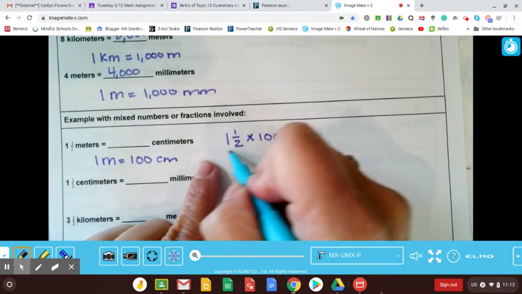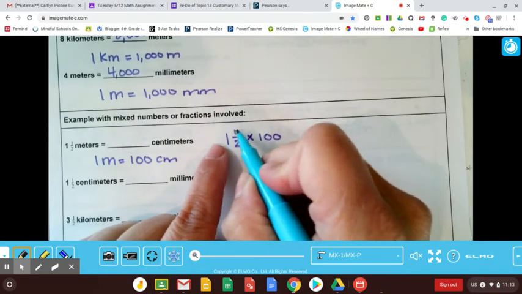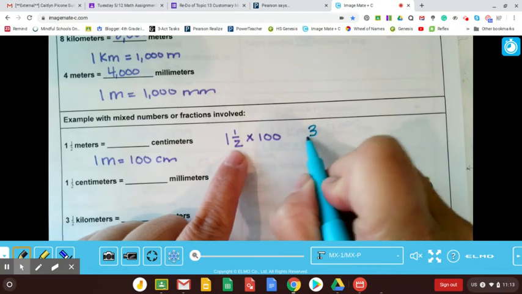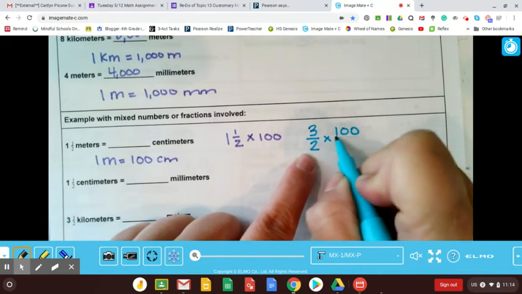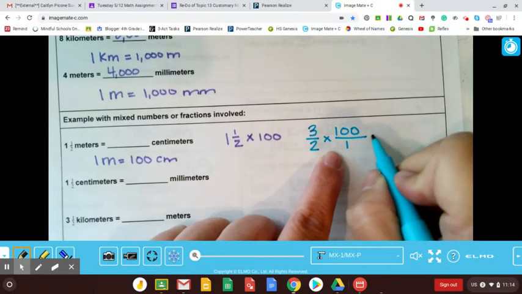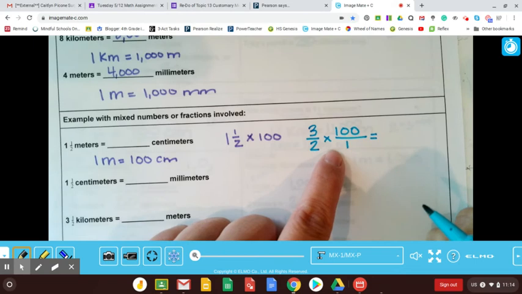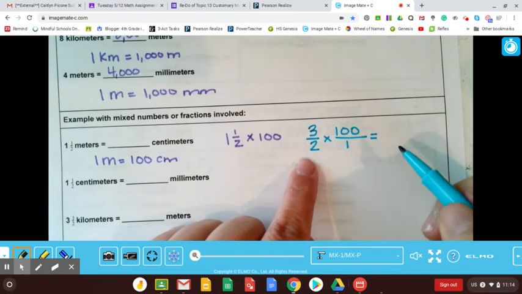We're going to change this into an improper fraction. 2 times 1 is 2, plus 1 is 3. So we have 3 halves times 100 over 1. If it's a whole number, then you put it over 1. Can we cross cancel? I can't do anything with the 3 and the 1, but the 2 and the 100 I could.